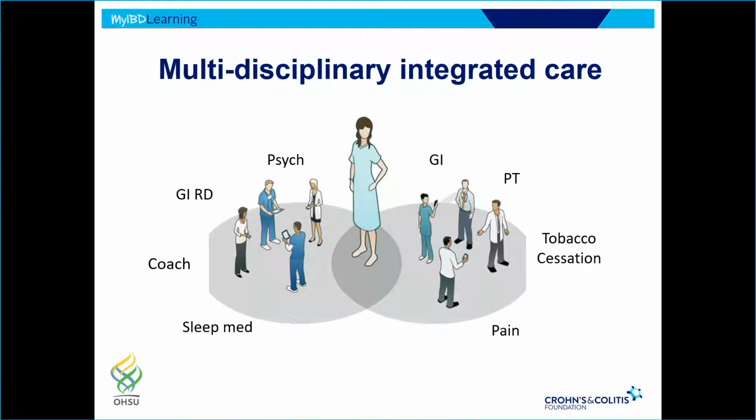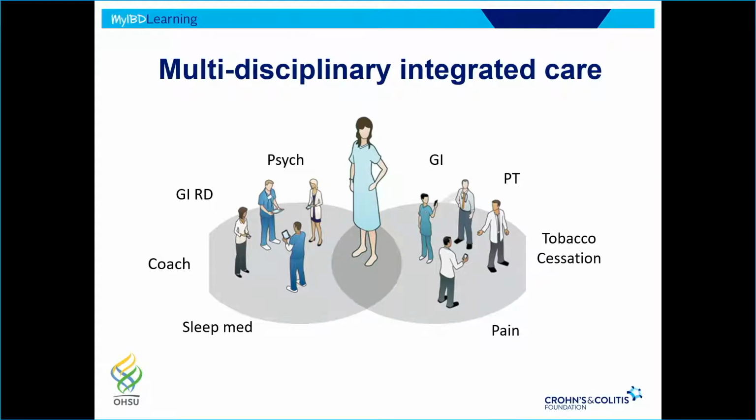So with this multi-pronged approach to dealing with symptoms, I have been creating at OHSU a multidisciplinary integrated care team. And this is really a way to surround patients with a whole bunch of people who can help in different aspects of their care and who can work together to support them in this journey to figure out how to treat their disease, treat their inflammation, treat their symptoms, and treat them as a whole person.